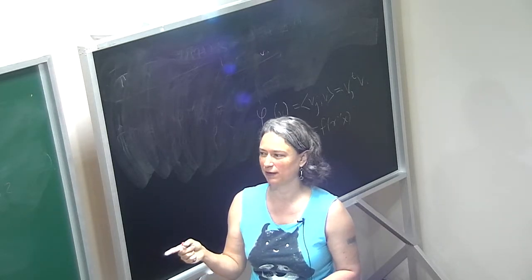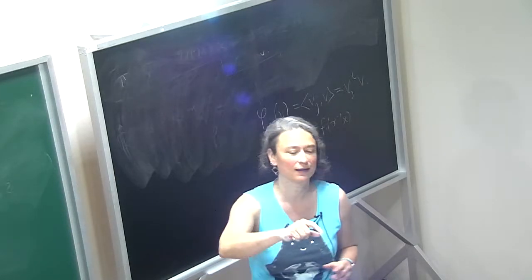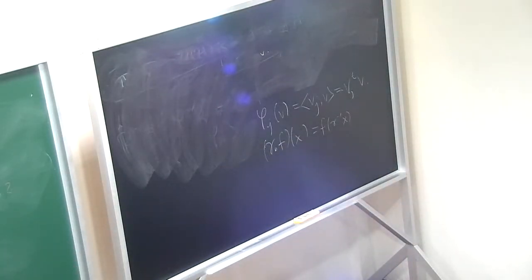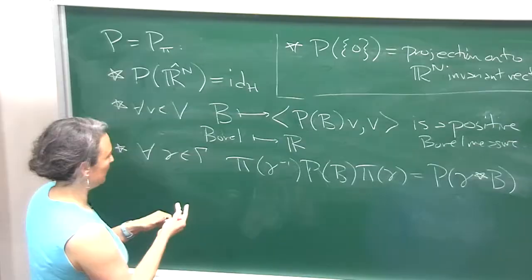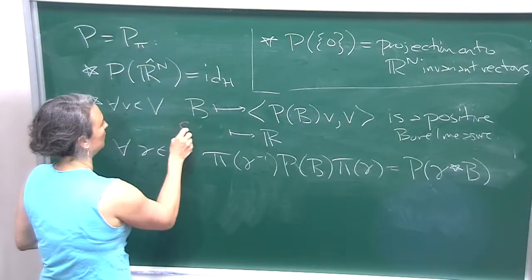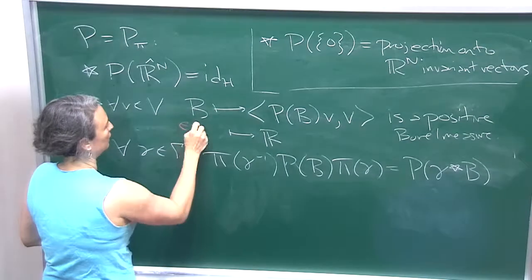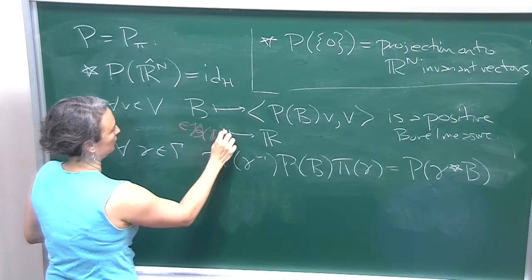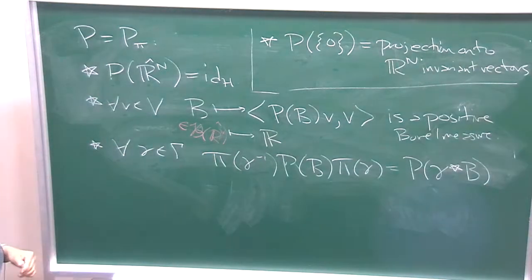Actually, when I was preparing this, yes, in the second star, I don't know what the capital is. Oh, yeah. This is a Borel. Let me put it this way. B in H maybe. It's H, right? Should have been for all B in H. This one or this one?